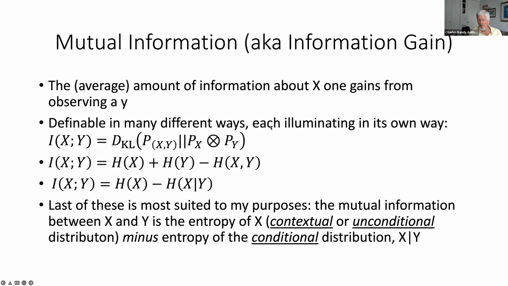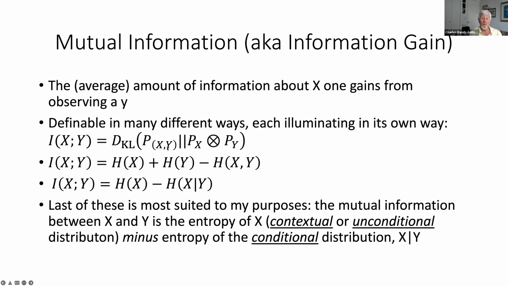And it's defined in many different ways mathematically, each illuminating in its own right. It's denoted by I, X distribution, semicolon, Y distribution. Again, the capital letters here indicate distributions. And one definition uses the Kullback-Leibler divergence.